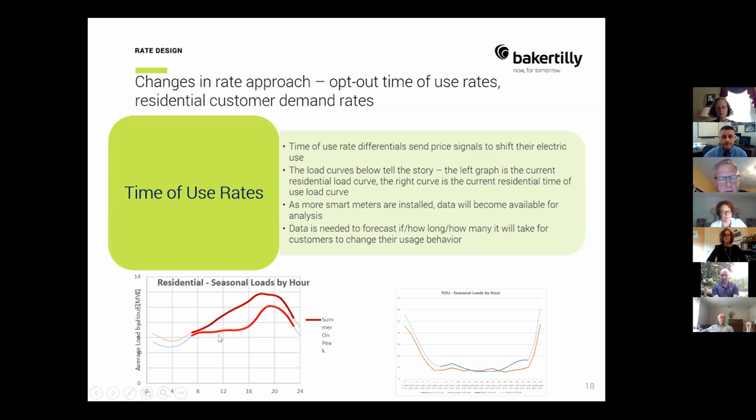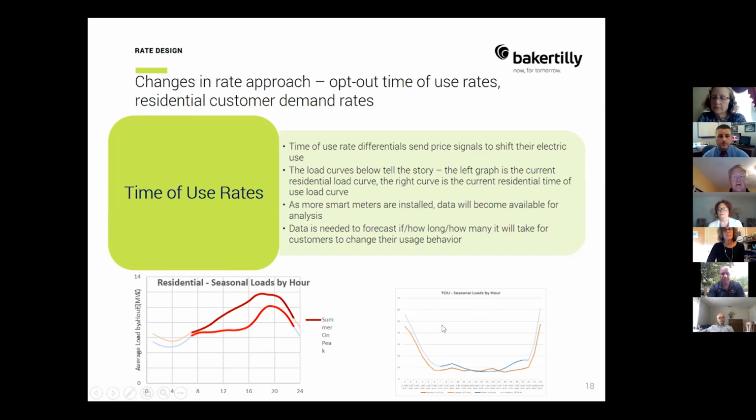So the goal of time of use rates is to flatten this curve. You have a time of use rate for a subset of your residential customers, and this is what their summer and winter load curve looks like. Summer is brown. You can see the overnight hours are low, and low during the day, and the same with the winter as well.